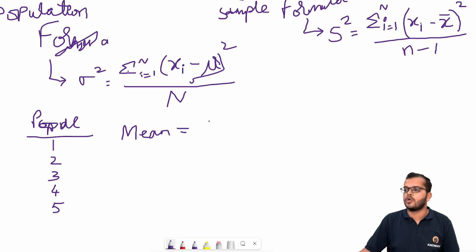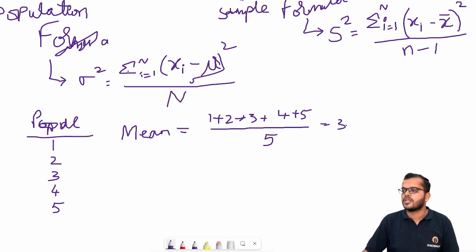It is the average: 1 plus 2 plus 3 plus 4 plus 5, divided by the total number of values, 5, which is equal to 3.